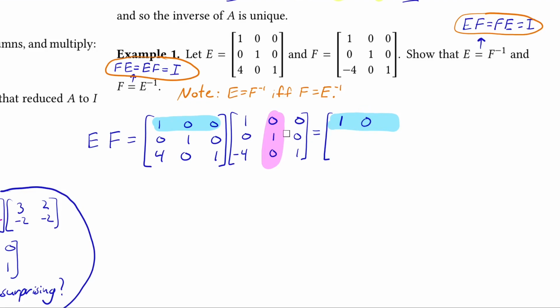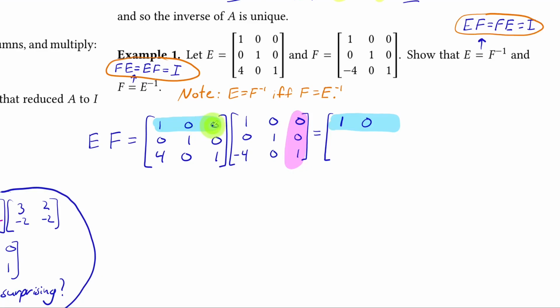And the same thing happens over here. The row of the identity matrix in row 1 doesn't match up with column 3. All the 0 things get multiplied by non-zero things, and you just get 0.